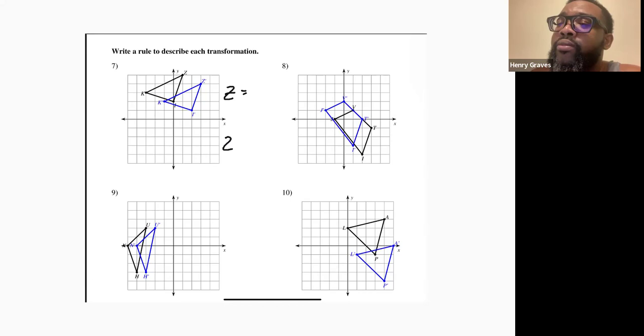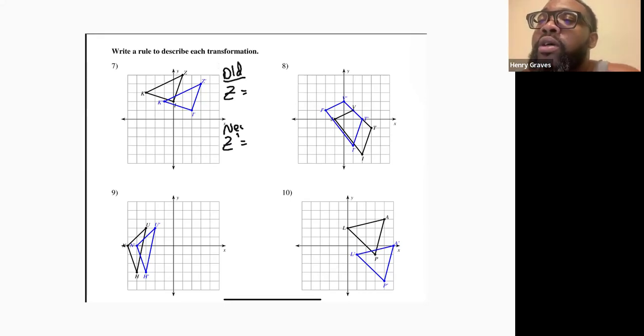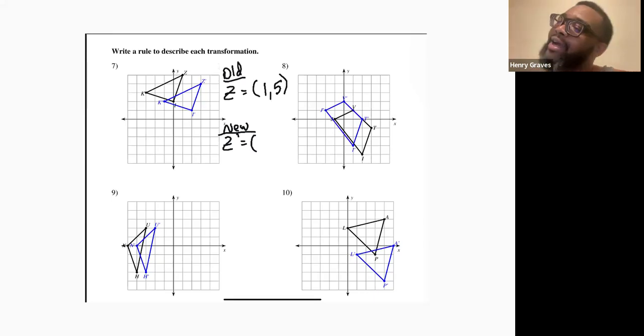The old point was at 1, 5. And the new point now is at 3, 4. So my hunch is that the x went to the right 2, and the y looks like it went down 1.